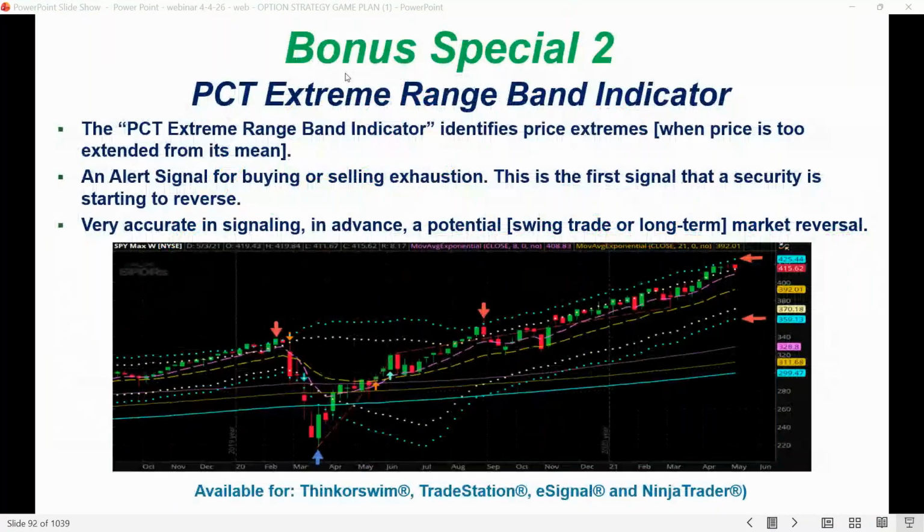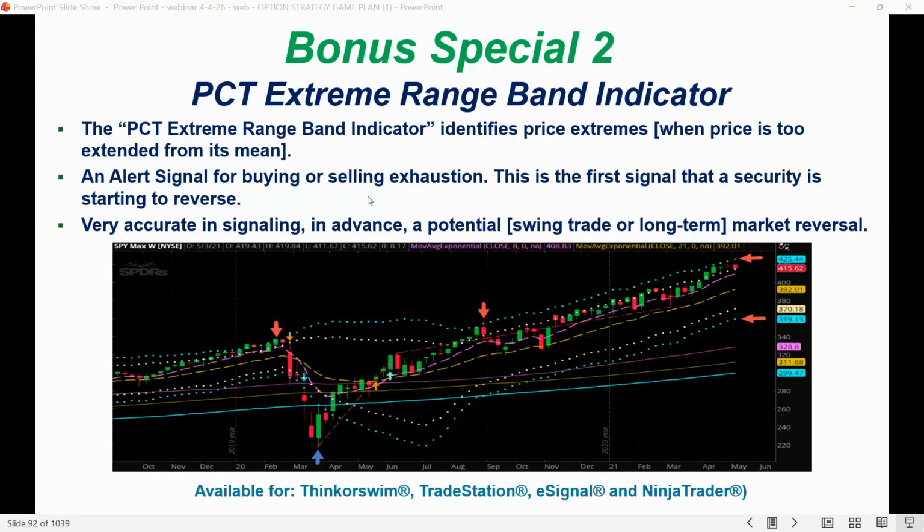Then you're also going to get my bonus 2, which will be my extreme range band indicator. This is one that I like to use a lot when we get into extreme stretch markets, either to the upside or downside. When price is too extended from the mean, typically a moving average, 20 period or something like that, this gives an alert signal for either buying or selling exhaustion.